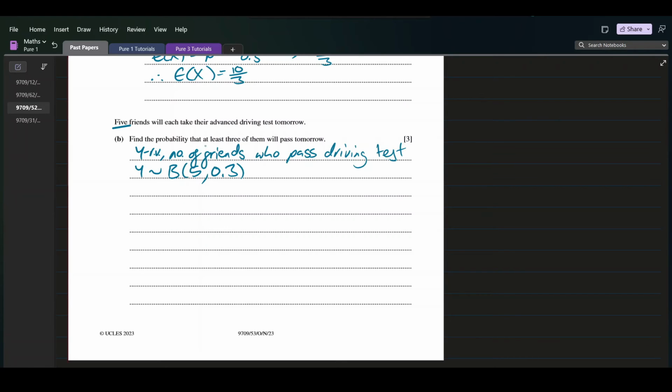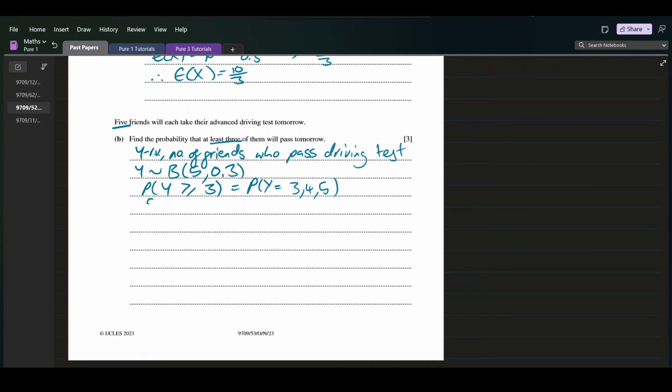And now we want to find the probability that at least 3 of them pass, so that's the probability that y is greater than or equal to 3. Okay, so now let's use the formula for binomial probabilities to solve this. This is y equal to 3, 4, or 5.